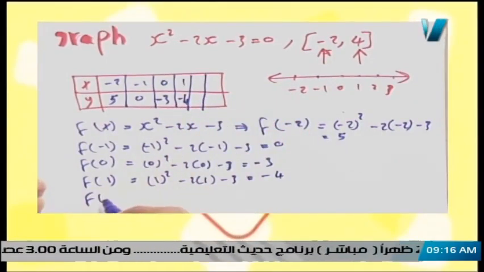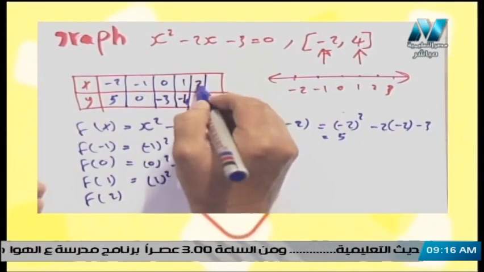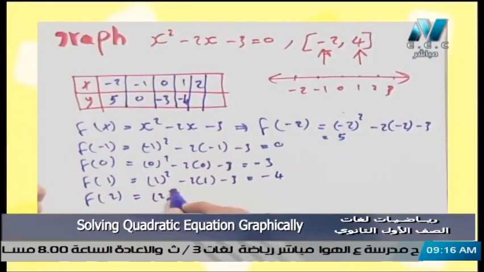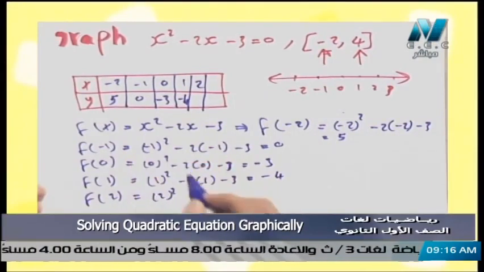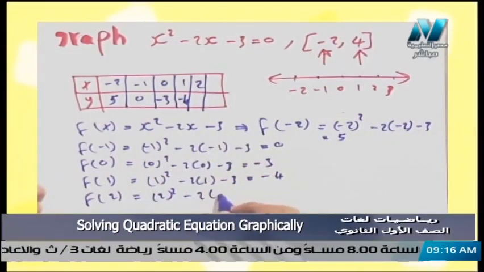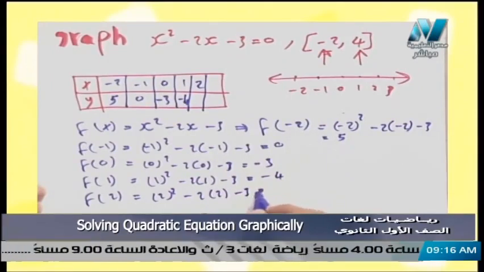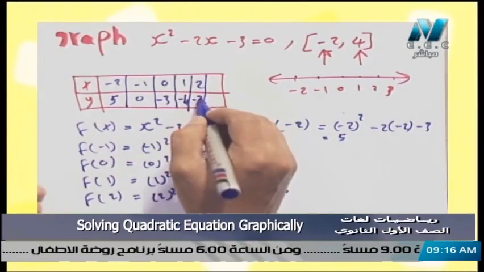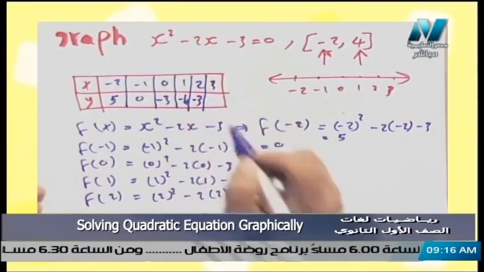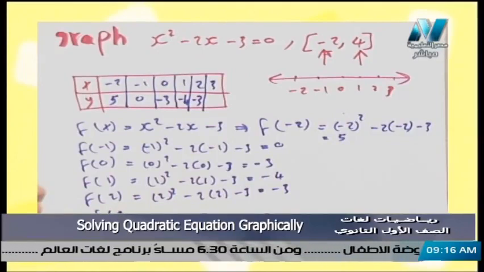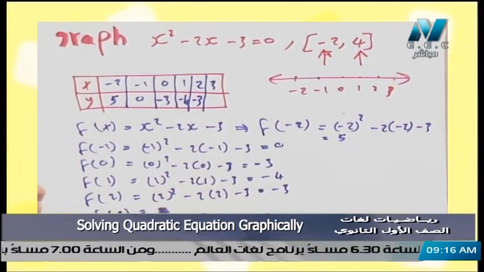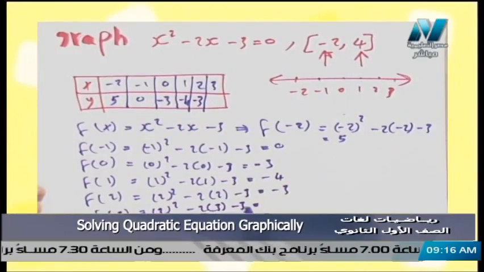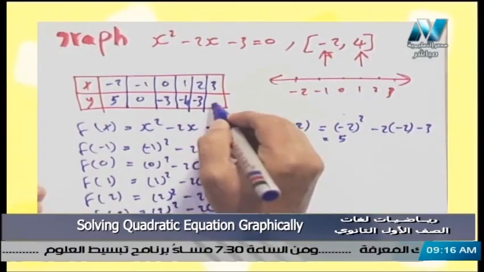By substituting 2, when x equals 2, 2² − 2 × 2 − 3, and the answer will be −3. f(3) equals 3² − 2 × 3 − 3, and the answer will be 0.